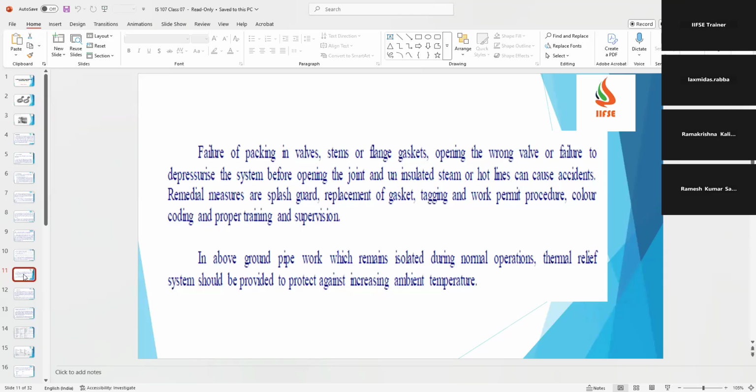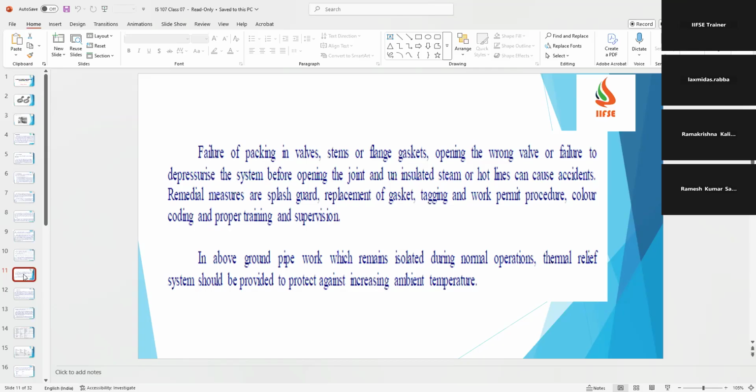Failure of packing in the valves, steam or flange gaskets opening, the wrong valve, or failure to depressurize the system before opening the joint, and also uninsulated steam or hot lines can cause accidents.